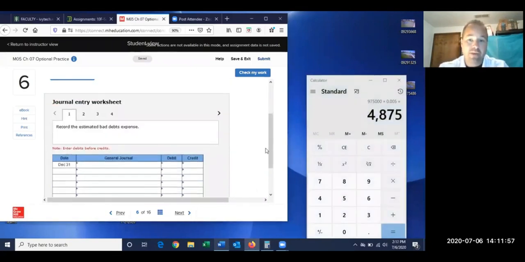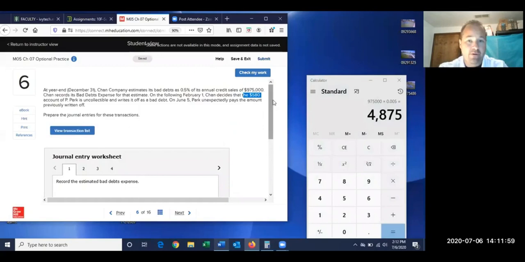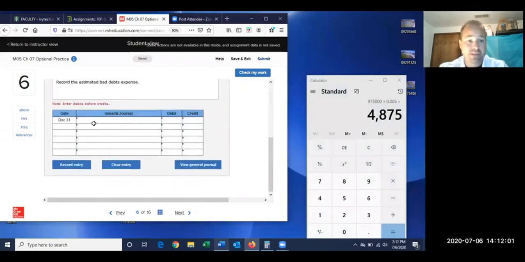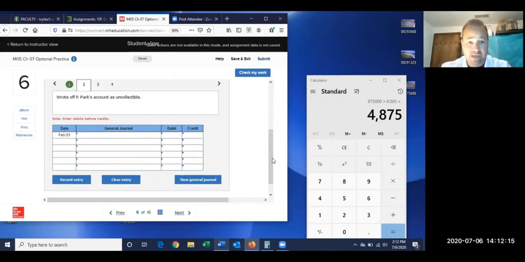I don't need to worry about the opening balance of 580, not on this one. That's what makes this one a little easier. So I'm going to do bad debt expense of 4,875, and I'm going to come down here and credit my allowance for doubtful accounts for 4,875. That's all I needed to do.